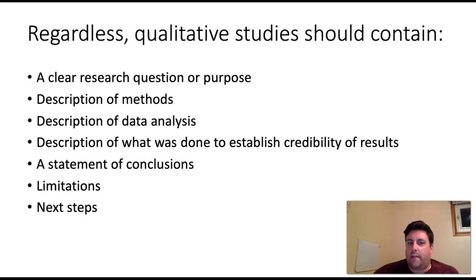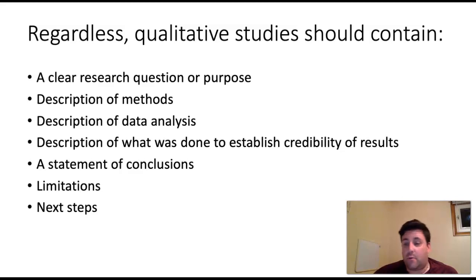Regardless, all qualitative studies should contain a very clear research question and or purpose. They should be very clear about their methods, their participants, how they recruited subjects, how they interacted with them, how they developed questions. There should be a really thorough description of data analysis and what was done to establish credibility of the results. They may have checked with participants.